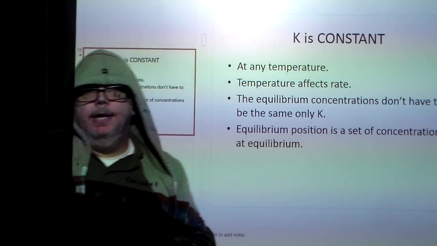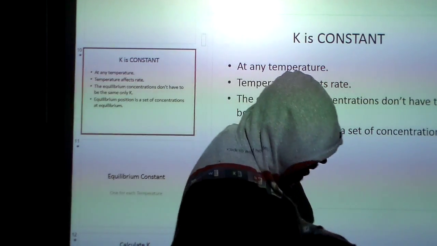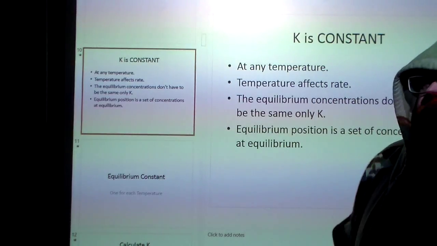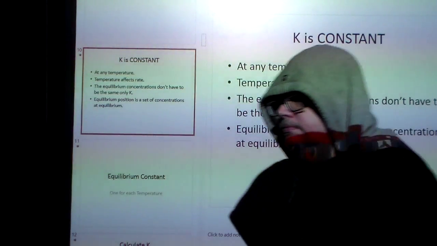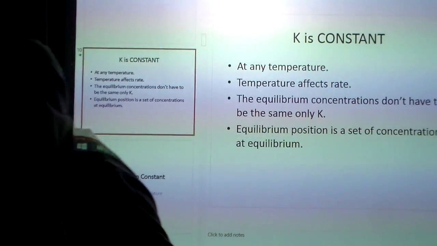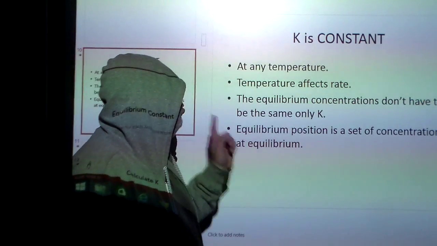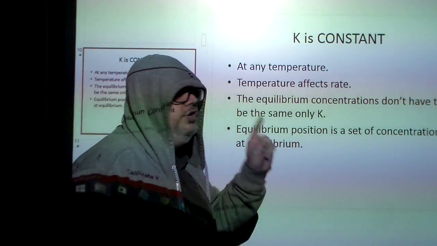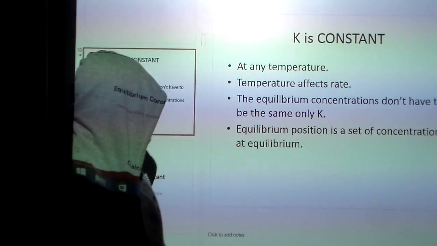Very important idea here. When we're looking at a chemical reaction that's at equilibrium, the K is constant at any temperature. The temperature affects the rate, though. The equilibrium concentrations do not have to be the same. Only the K will be the same.